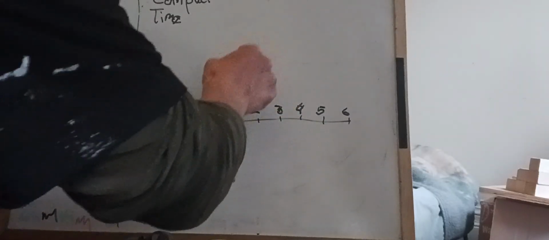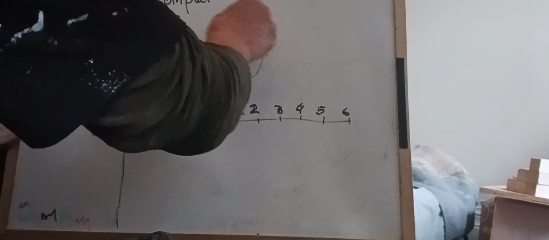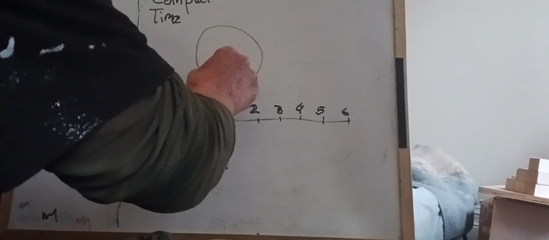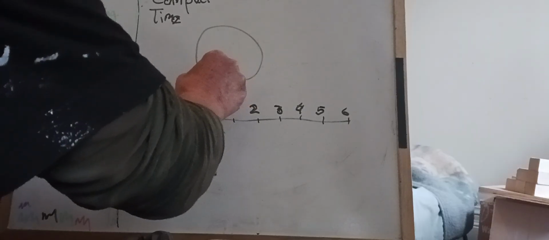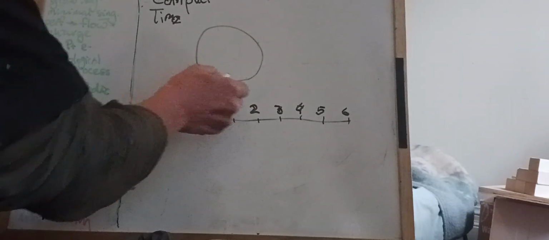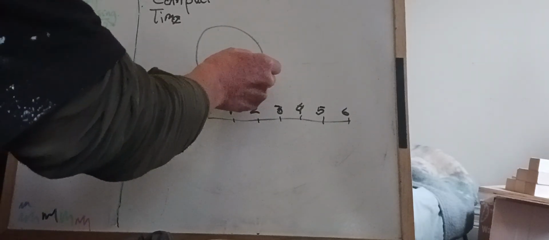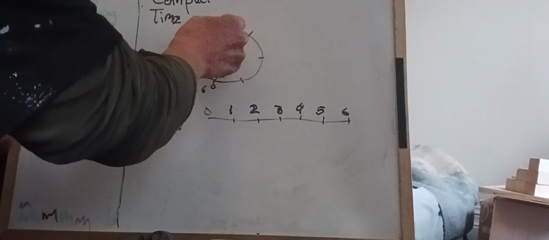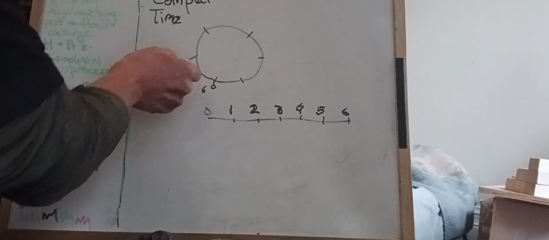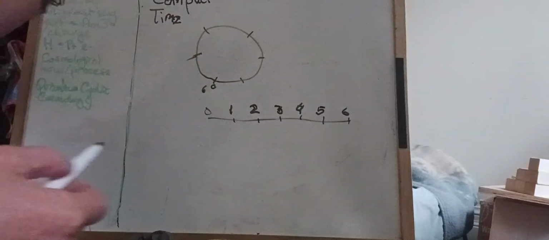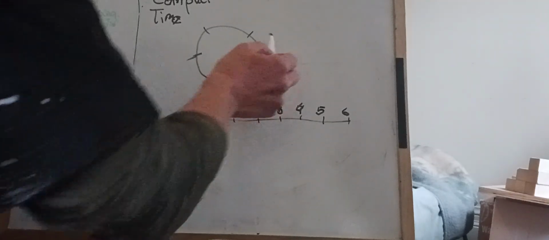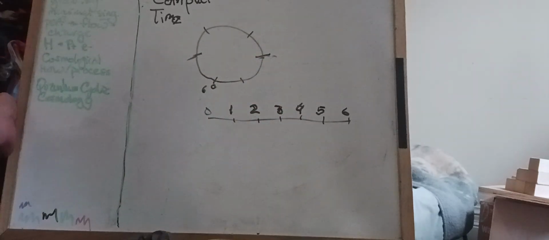So what you do is you take this number line and you loop it, and you make that 0, but it's also 6. And you go 1, 2, 3, 4, 5. Let's just pretend that's even, right? This is just a demonstration. There you go.